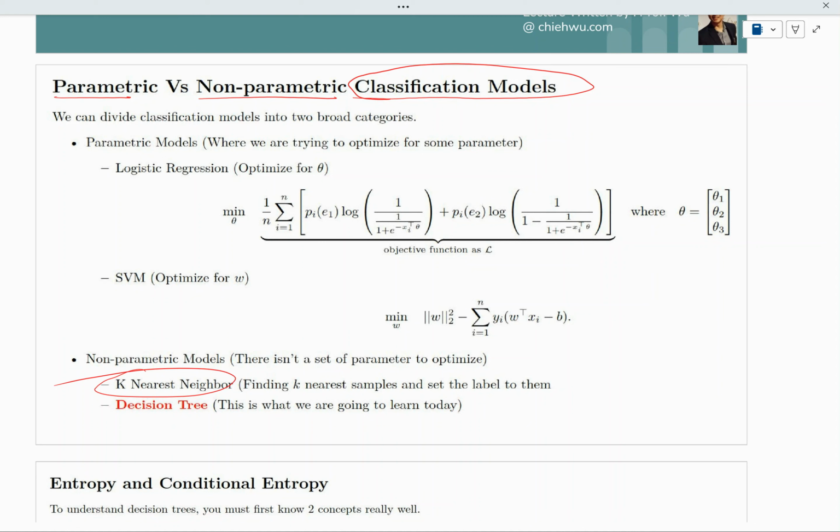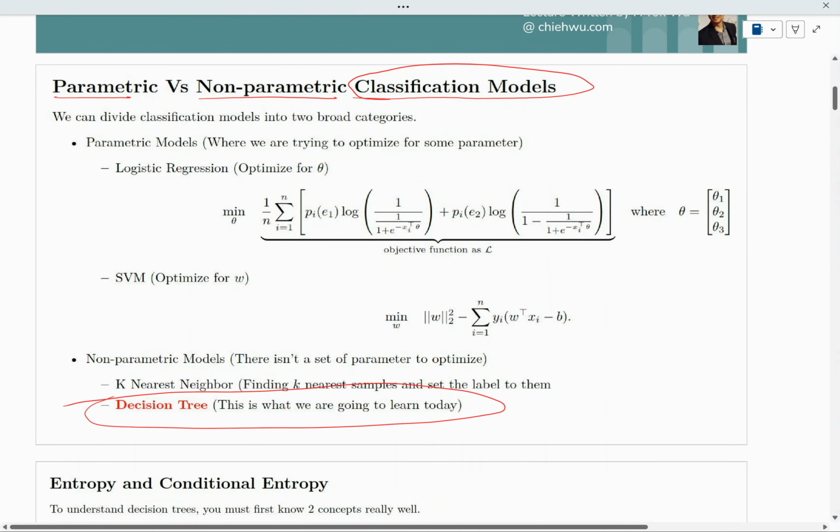We're not formulating the problem as some kind of optimization objective. With parametric, we've learned two. With non-parametric, we're also going to learn two. The second one is called decision tree. Decision tree is one of the most popular algorithms out there right now, so you should have a general idea of how it works.